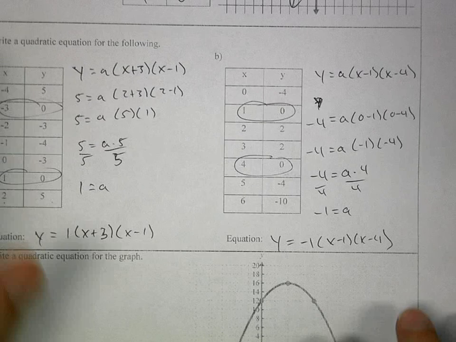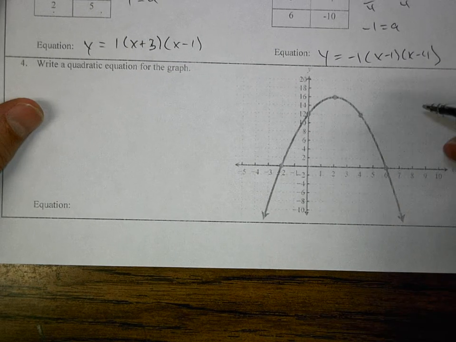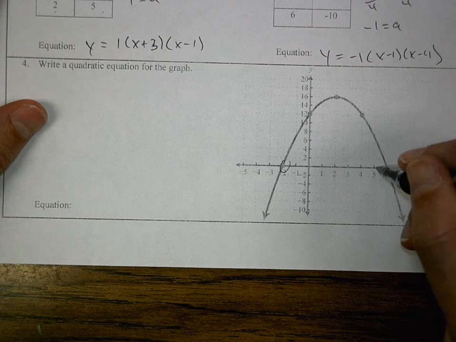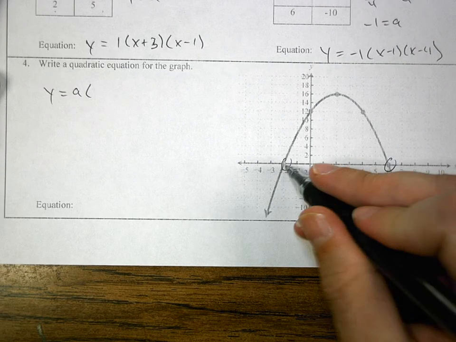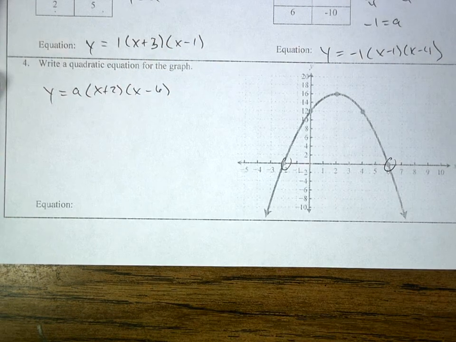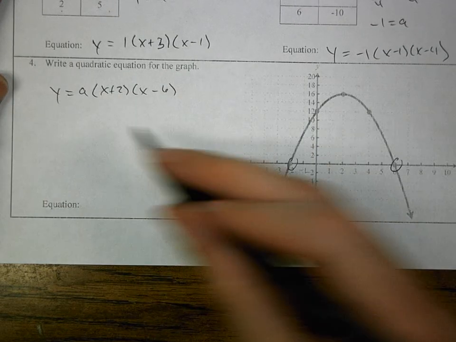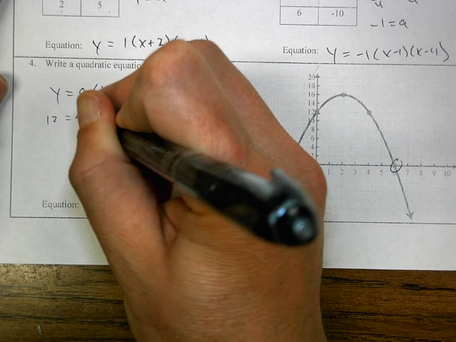And for the last one, our graph, we have intercepts at negative 2 and positive 6. So y equals a times x plus 2 times x minus 6. We're going to plug in any point. I'm going to use 0, 12. 12 equals a times 0 plus 2 times 0 minus 6.